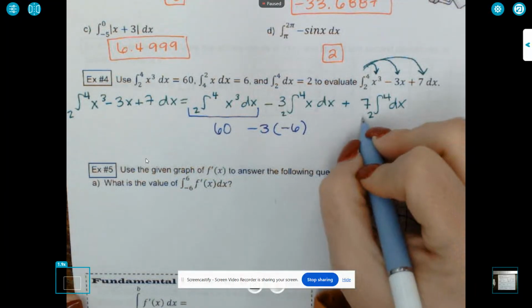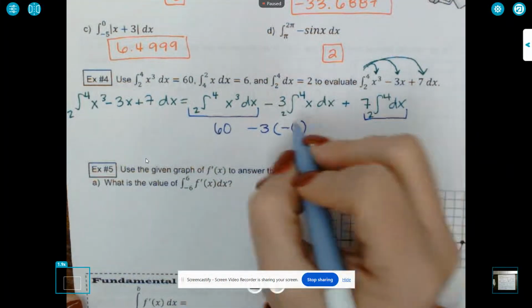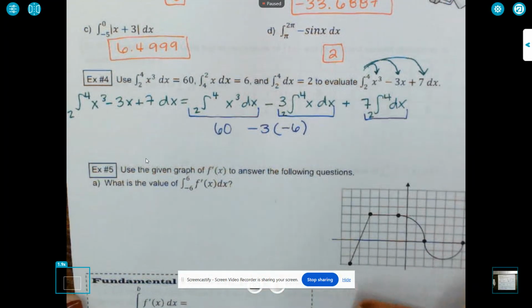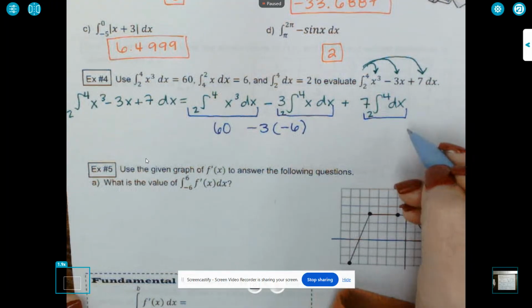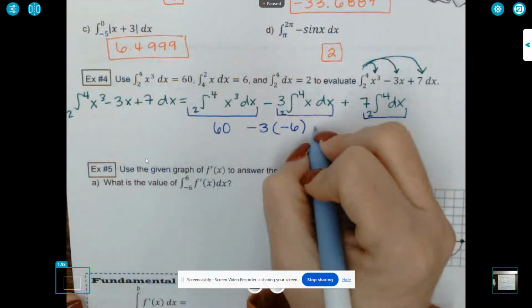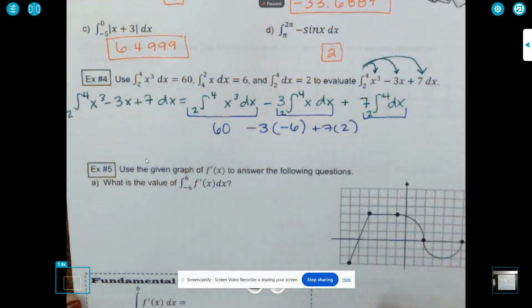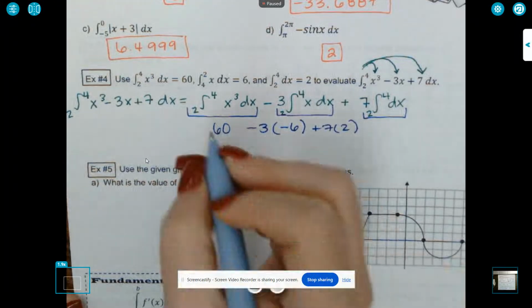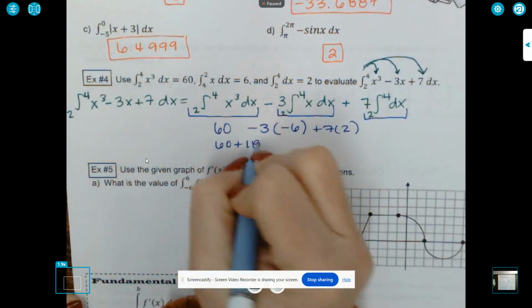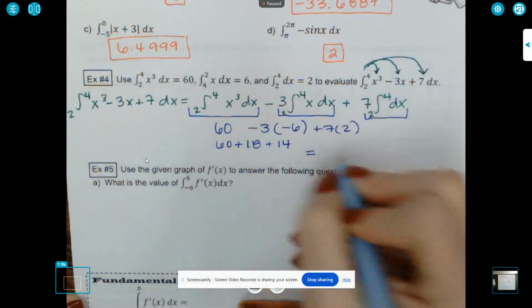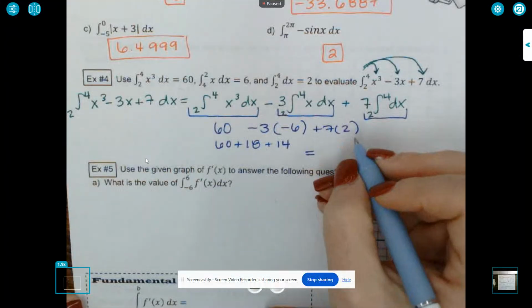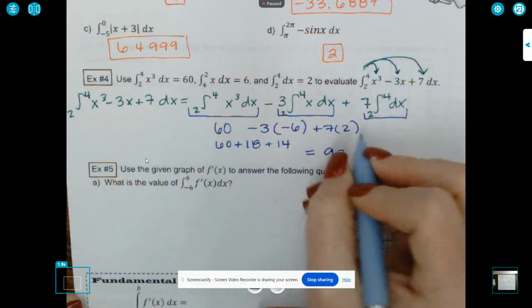And then we know 2 to 4 dx is just 2, and then we got the 7 in front, so plus 7 times 2. So 60 plus 18 plus 14 should equal 92.